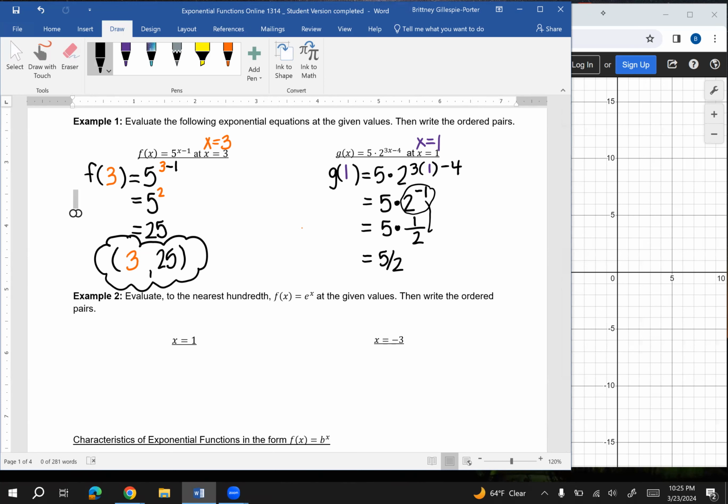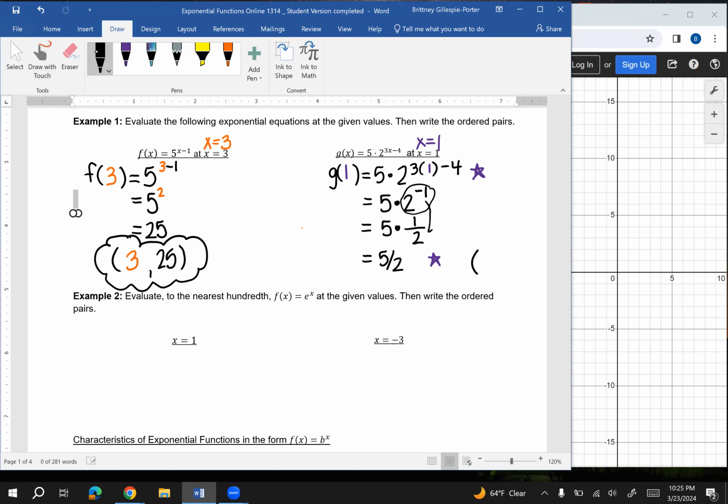You may be wondering, what type of work do we need to see? We need to see how you plug in your value, and at the very minimum, we need your y value. So show us how you plug it in, get your y value out.